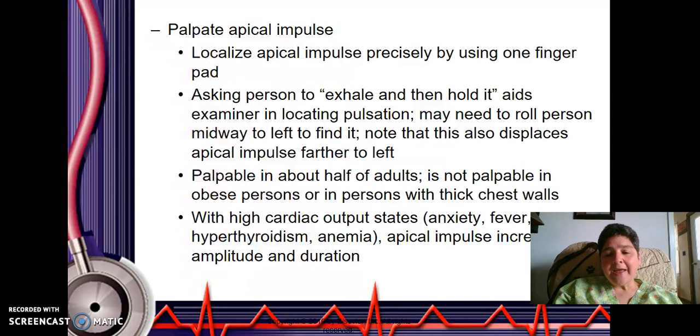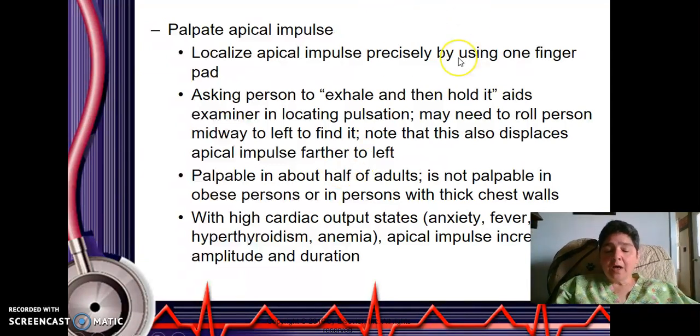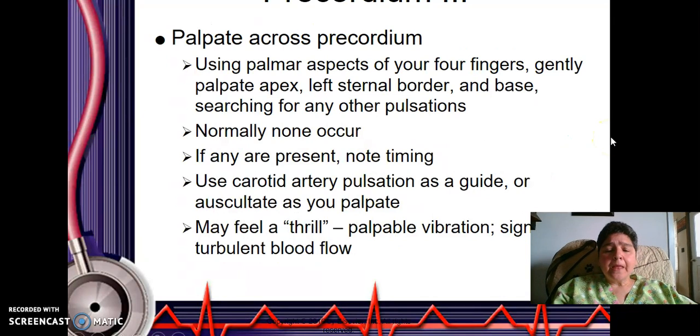It is palpable in about half of adults, and in patients who have high cardiac output, the apical impulse increases in amplitude and duration. Those are people who have anxiety, high blood pressure, hyperthyroidism, all those types of diseases.